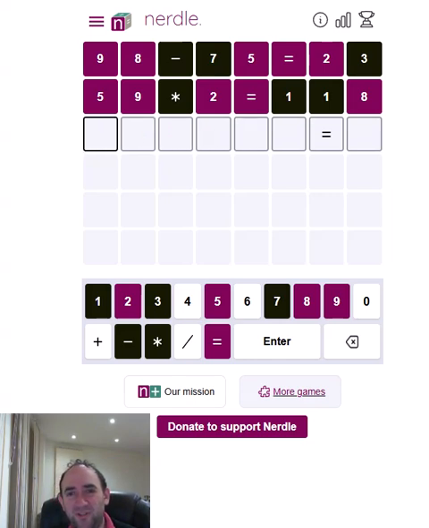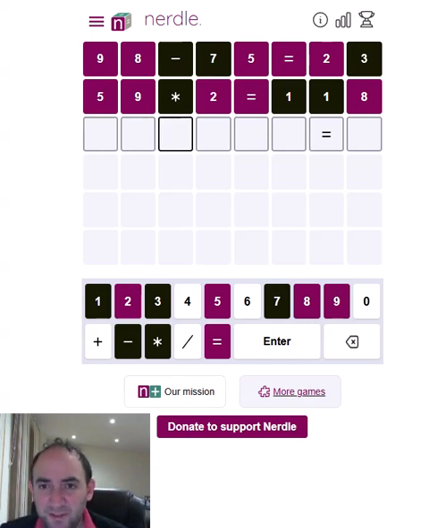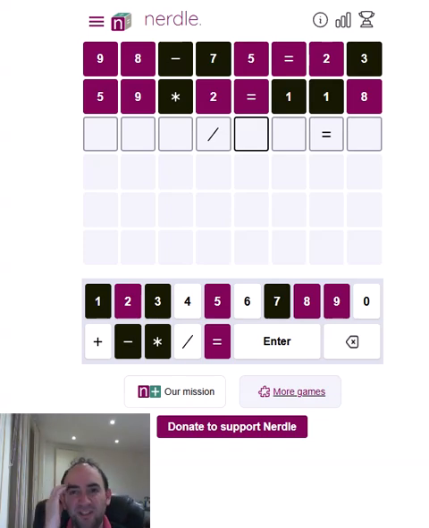Wow, what a tricky one. What on earth is going on here? 20 over 5 isn't going to work because we're not going to be able to use the 8 and the 9. I think it's going to have to be a 3-digit over a 2-digit, and I just haven't worked out the correct things yet. It really feels like that's going to be 9, 8 and 2 in that order, or maybe with the 8 and the 2 swapped.